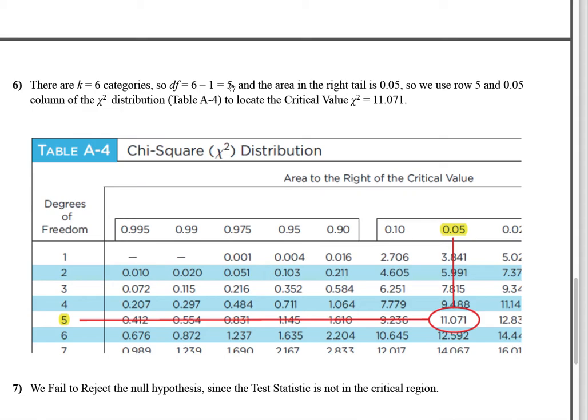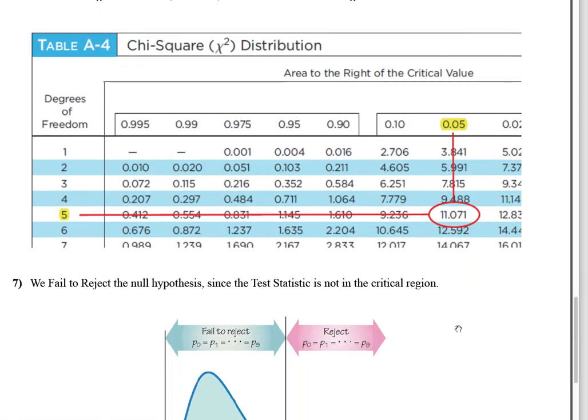And so just as I said in the slide, I have that indicated here in the graphic, this portion of the chi-square distribution, and it shows that the critical value is 11.071, which is just what we said in the PowerPoint presentation.